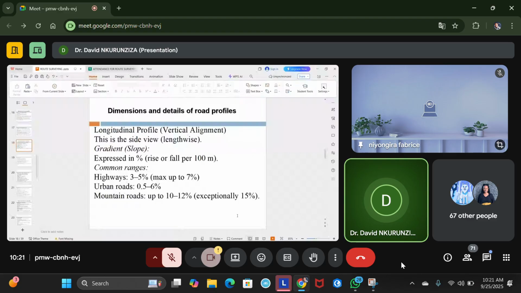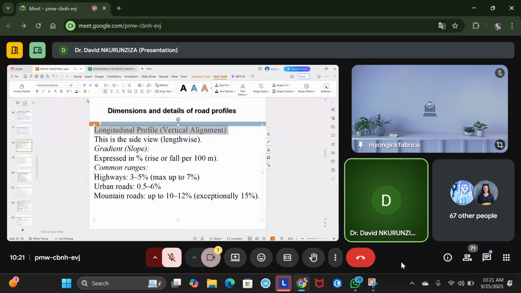For RTDA dimensions, normally in Rwanda, for the longitudinal profile, when we talk of the vertical alignment, it is lengthwise, along the length. The gradients, the slope, are expressed in percentage. We say that in highways, we can have a gradient or slope between 3 up to 5%, maximum up to 7%.